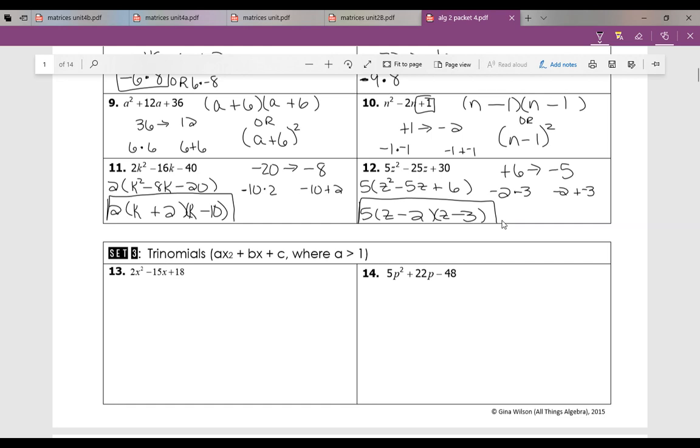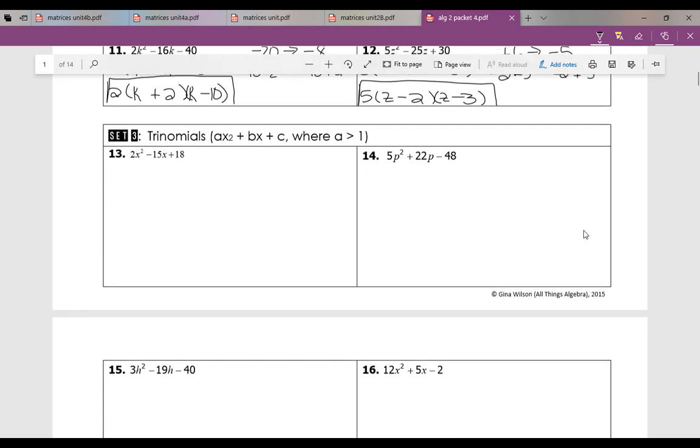Okay? Now, the tricky part for me is the next section, because you've all come from different Algebra 1 teachers, and I don't know how your Algebra 1 teachers have taught you how to factor these types of trinomials, okay? So these trinomials, if you notice, now have an a value in front.